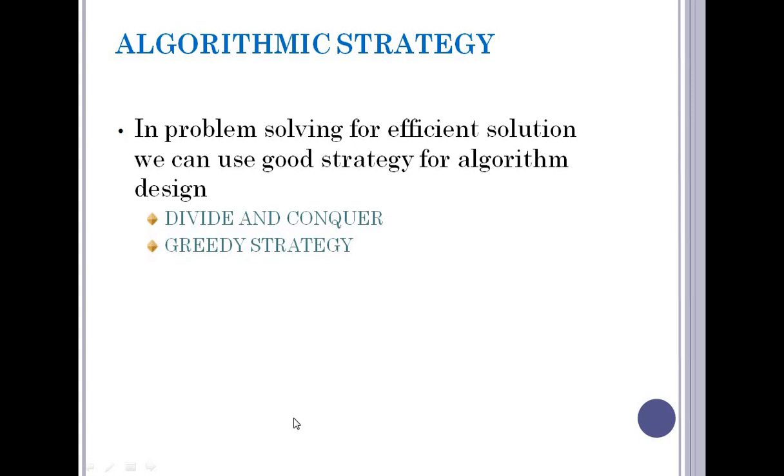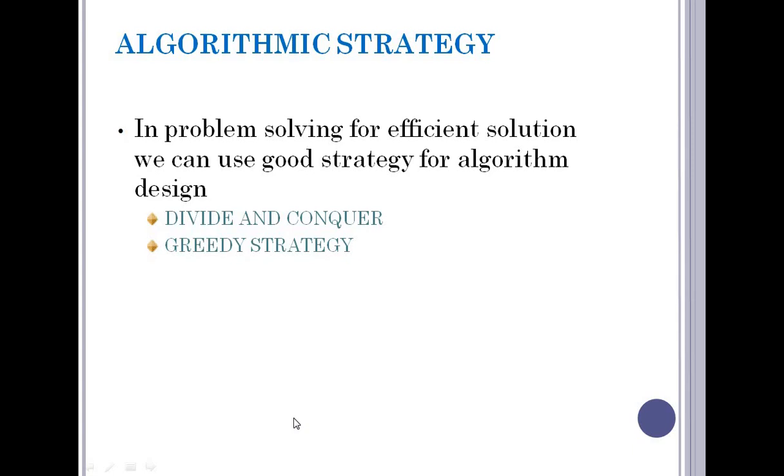So in problem solving, devising good strategies is a very important aspect. For an efficient solution, we have to use a good strategy for algorithmic design. If we use a good strategy, that algorithm will give us a more efficient solution for that particular problem.